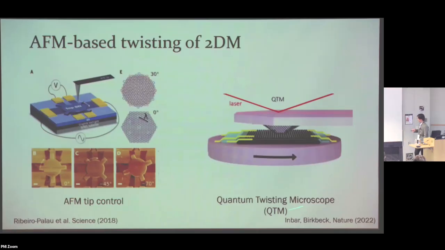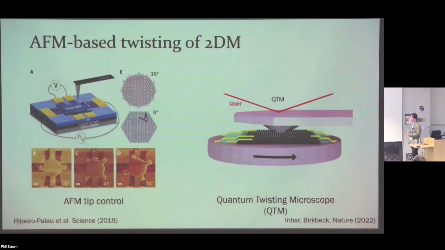And the other, more trendy way that appeared more recently is the so-called quantum twisting microscope, where you can put one of the 2D materials onto an AFM tip, right? And you can scan this tip just as if you're doing AFM over another sample, and you can perform a tunneling experiment from the top 2D material to the bottom 2D material.